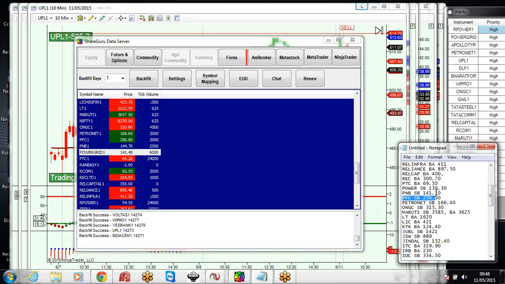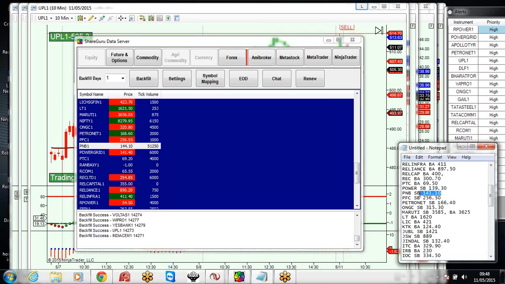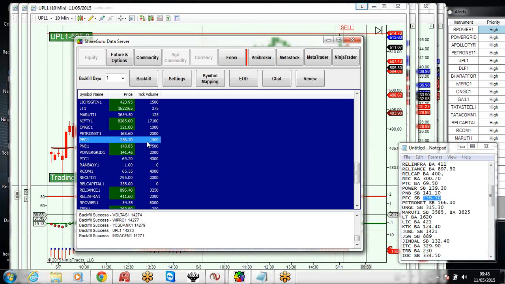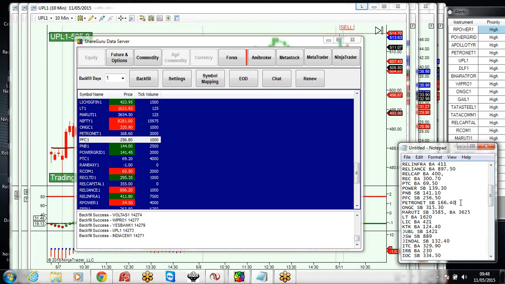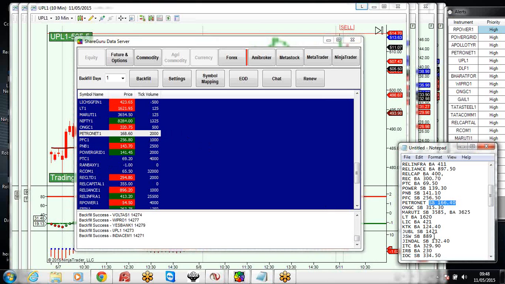So PNB sell call, but it's moving up, 144. So that means the sell has not triggered. So PFC we will be shorting at 256.50. So that's somewhere near that. Petronet is 168. This we have a short here. Wouldn't have triggered.